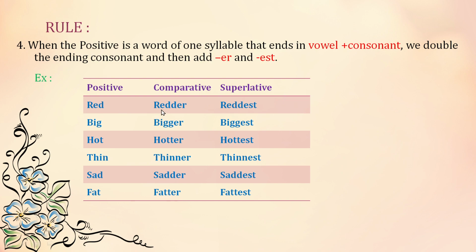Like in this case, red, D is the last letter and it is preceded by a vowel sound. So we will double D. R-E-double-D-E-R for comparative, and for superlative, again we will double the last alphabet. R-E-double-D-E-S-T. Reddest. Big, bigger, biggest. Hot, hotter, hottest, and so on.